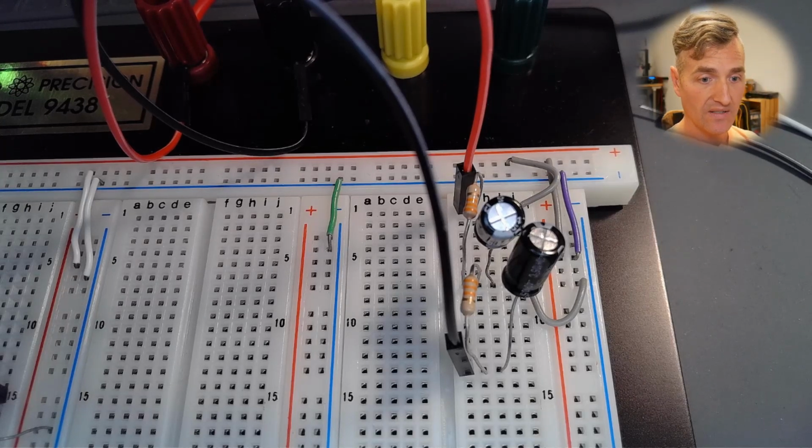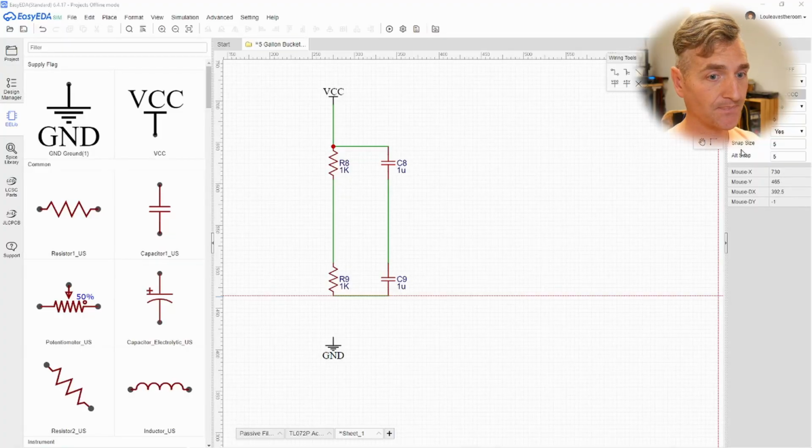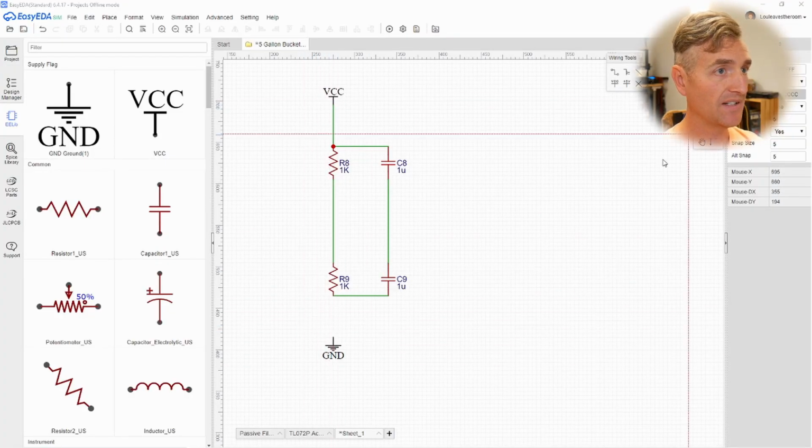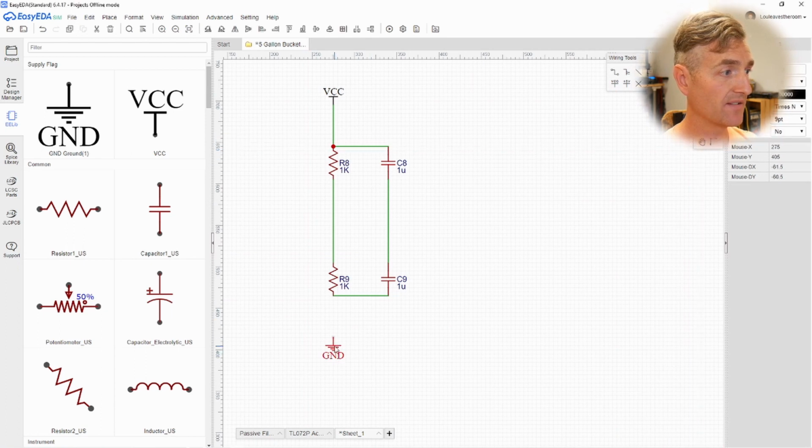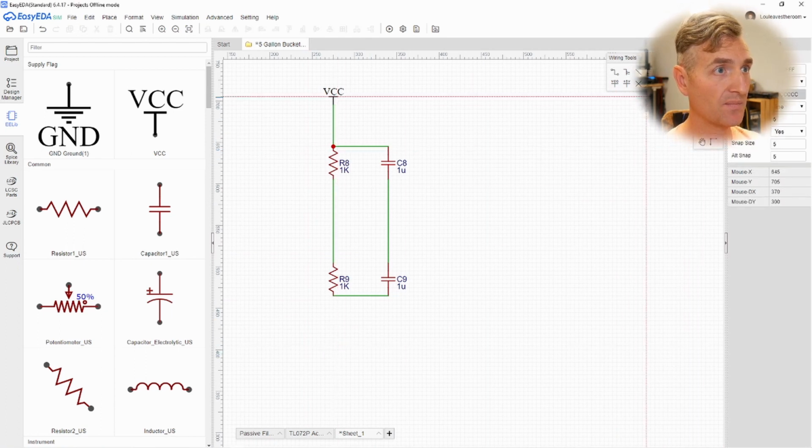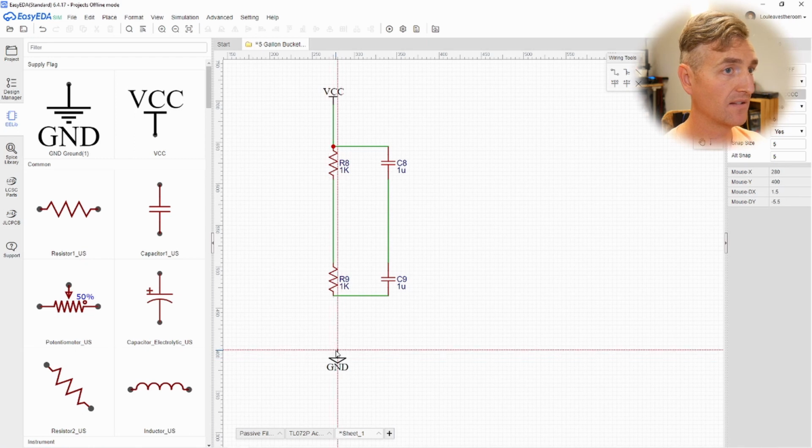If I go back to my monitor, I took out this ground reference and just replaced it with a reference that wasn't ground.